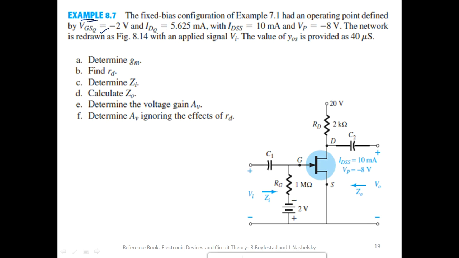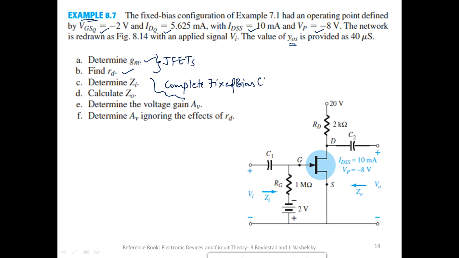The VGS value is given, the IDQ value is given, the maximum drain to source saturation current value is given, and the pinch off voltage is given. Then you have also been provided with the value of output admittance. What has been asked? To determine the transconductance GM and the output impedance RD of the JFET. Okay, these two things are associated only with the JFET, and the others are with respect to the complete fixed bias circuit.